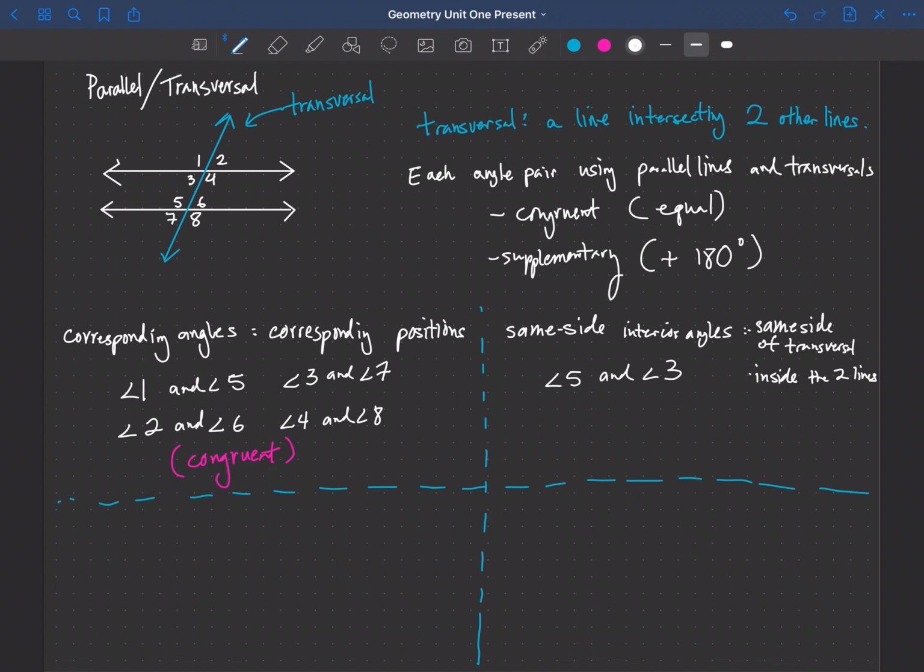Another pair would be 4 and 6. It is on the same side, the right side of the transversal, and it is between our two lines. So it is the same side interior. Now, the same side interior angles are not congruent, they are supplementary.